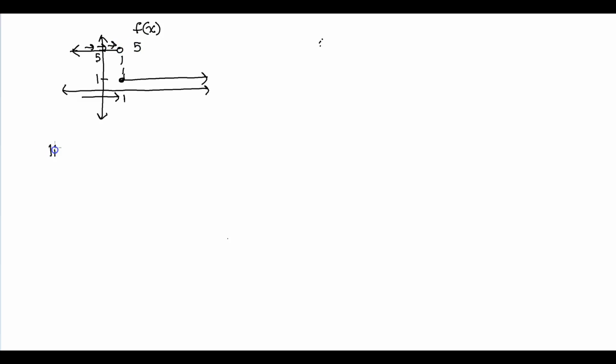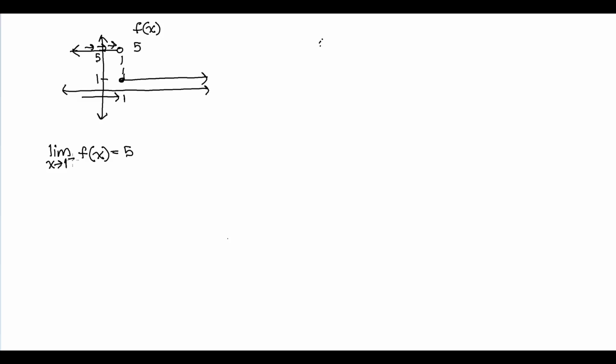So the limit as x approaches 1 from the left of f of x is equal to 5. So the minus symbol means from the left.